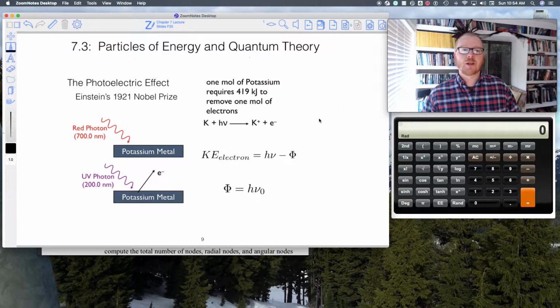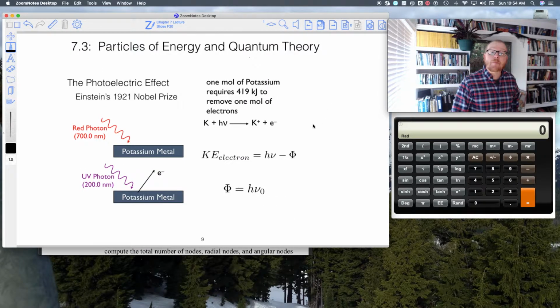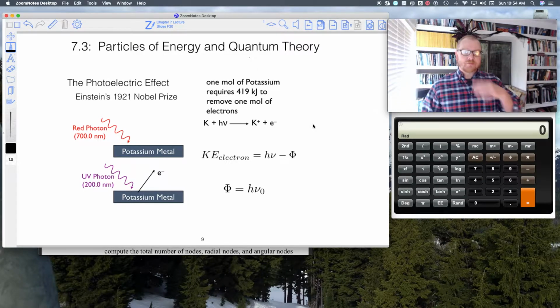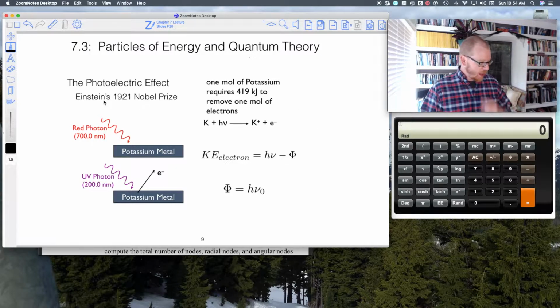Okay, so the photoelectric effect is one of the results of quantum mechanics. And as it turns out, this was Einstein's 1921 Nobel Prize. So this is some pretty cool stuff. So the way this works is when you shine light, and in this case this is specific to a metal in vacuum.